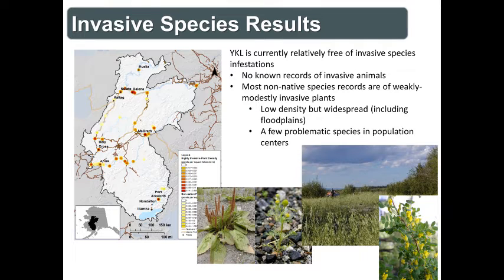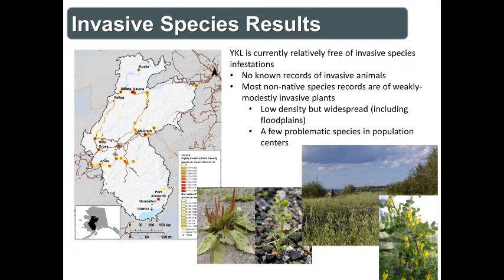And then the most problematic species, and these are really just a dozen or a couple of dozen infestations, they all are associated with the largest population centers like McGrath and Galena, Aniak. So it includes things like white sweet clover, yellow sweet clover, pea shrub, Siberian pea shrub, and bird cherries.